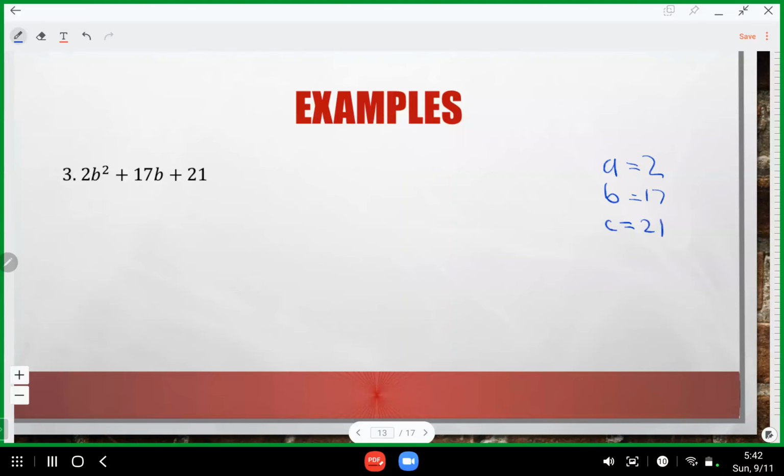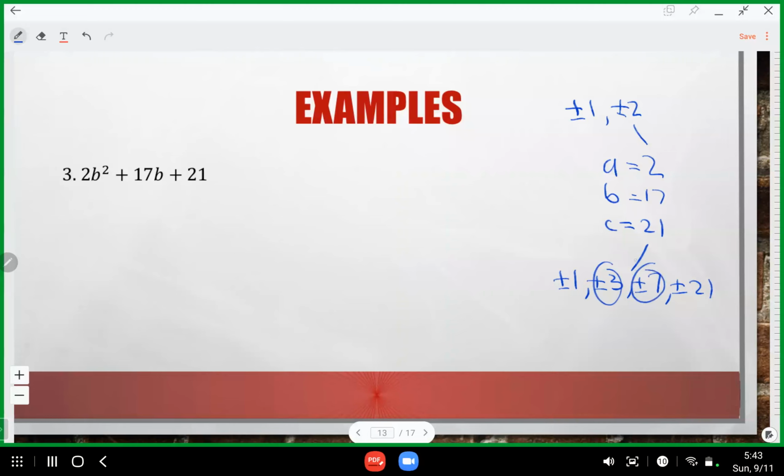Very good. So factors of 2 are plus minus 1, plus minus 2. Factors of C are plus minus 1, plus minus 3, plus minus 7, plus minus 21. You want to find the factors that are closest to the middle, or factor pairs that are closer to each other.